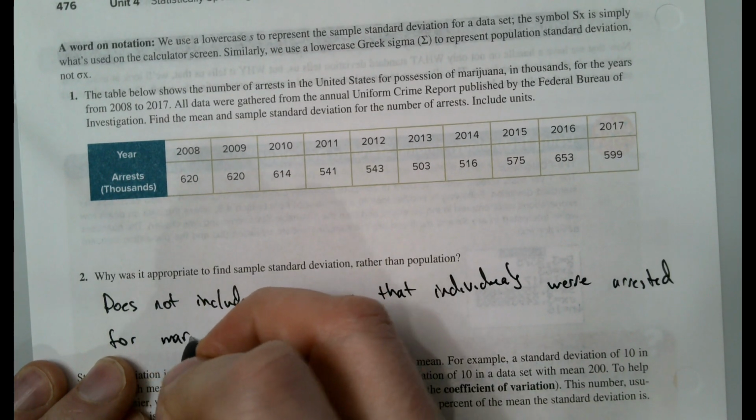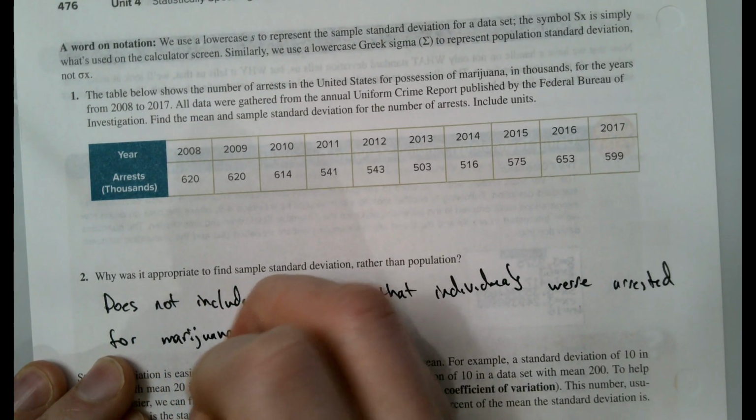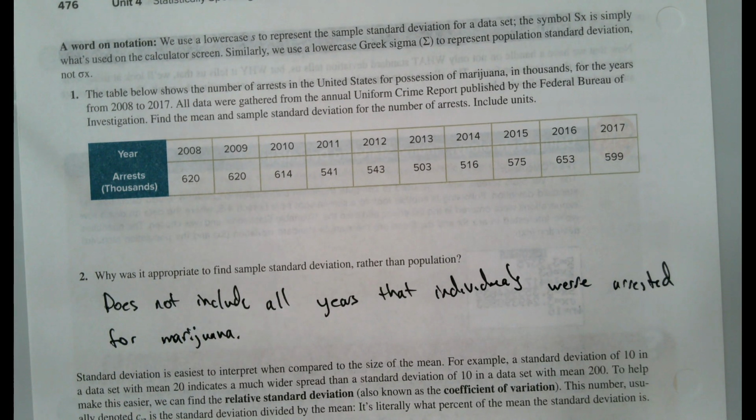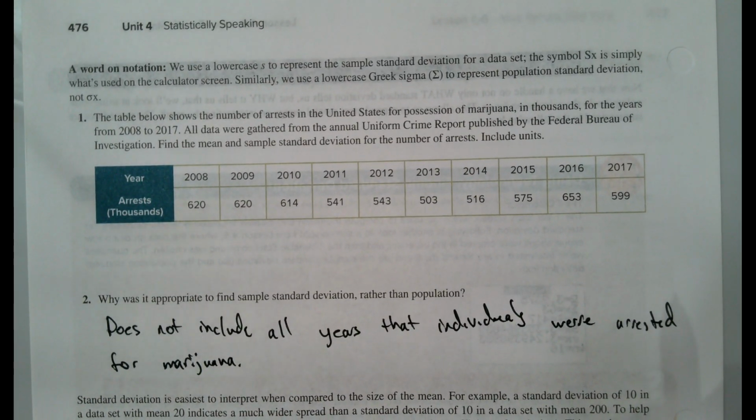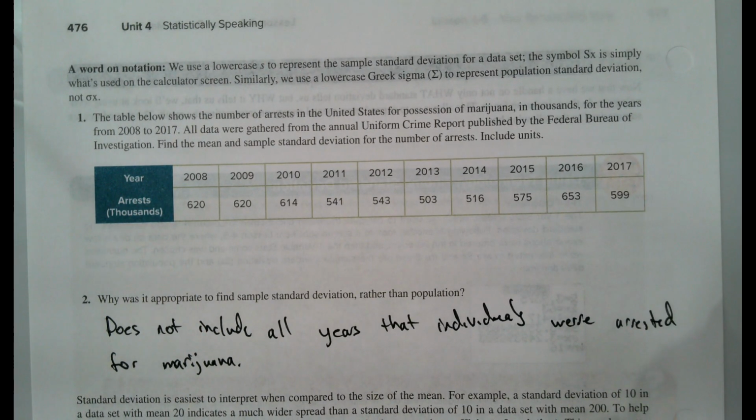There could be arguments that maybe there's a particular reason why we wanted to treat this as a population as opposed to not to, but I think this is pretty clearly just a sample of years for which there were arrests. Okay, so let's go to the calculations.